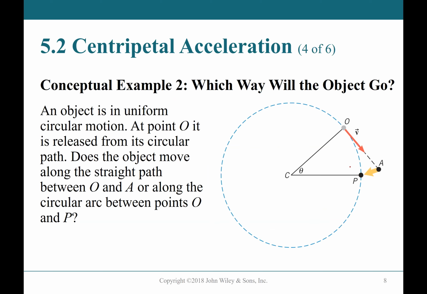And the answer is it moves along O and A, because once it's released, there's no longer a circular acceleration and the object moves off in a straight line. You probably have observed that if you ever put a rock or pebble on the end of a string and just swirled it around. That centripetal force is center seeking only as long as it is moving in that circle. Once you let go, it moves off in a straight line.